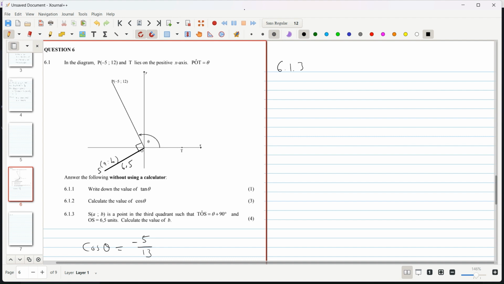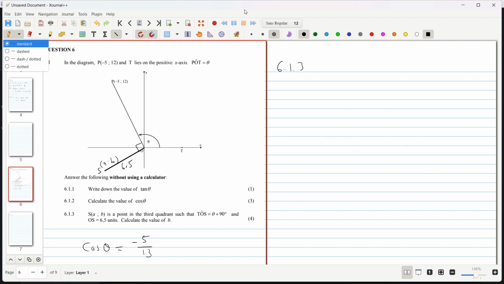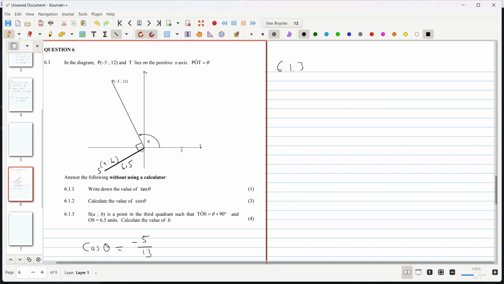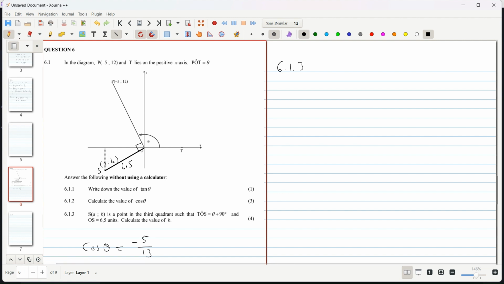They asked us to determine the value of B. So the first thing we need to do is draw a line that connects with the x axis. Always draw a line if you are given a point, because this is point S. So we need to draw a line that connects with the x axis. We have done that.